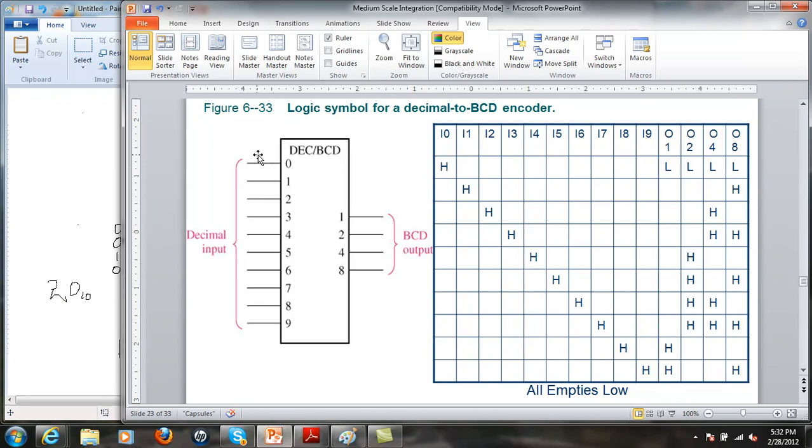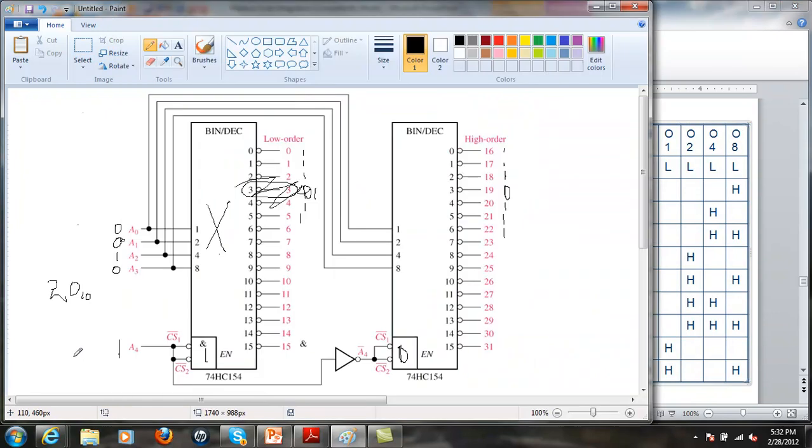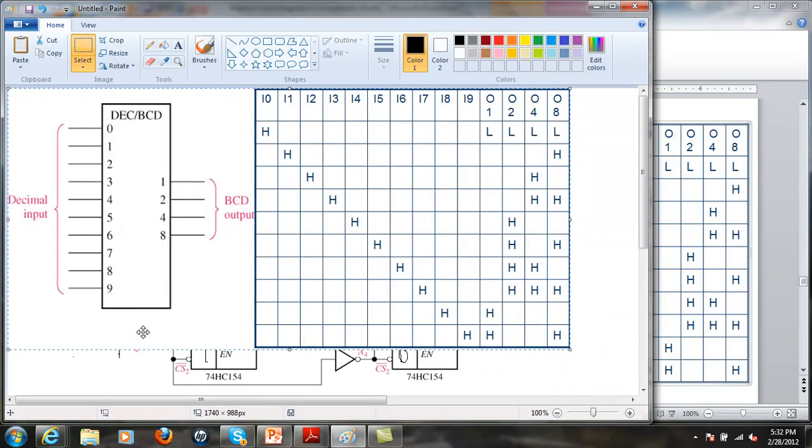So if this is a 1 here, and these were all low, then I'm going to activate none of these.